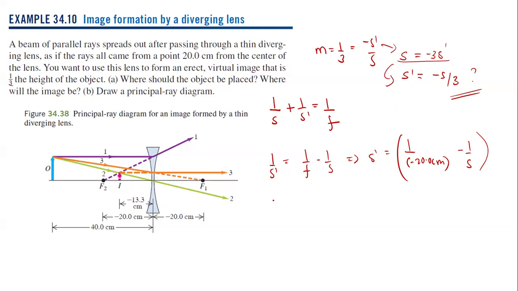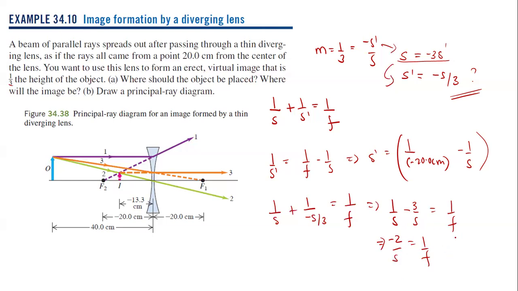Instead of using this one, 1 over s plus 1 over negative s over 3 is equal to 1 over f. So it implies that 1 over s minus 3 over s is equal to 1 over f. So this will become negative 2 over s is equal to 1 over f.